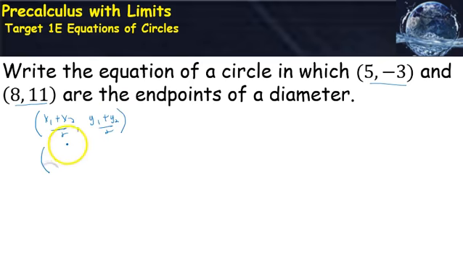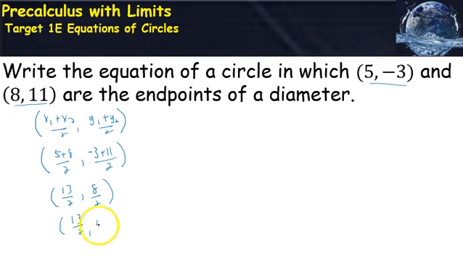So my midpoint formula is (5 + 8) over 2, and then (-3 + 11) over 2. And 5 plus 8 is 13 over 2, and -3 plus 11 is 8 over 2. So it looks like my midpoint is (13/2, 4). Now it's up to you on how you want to do this.